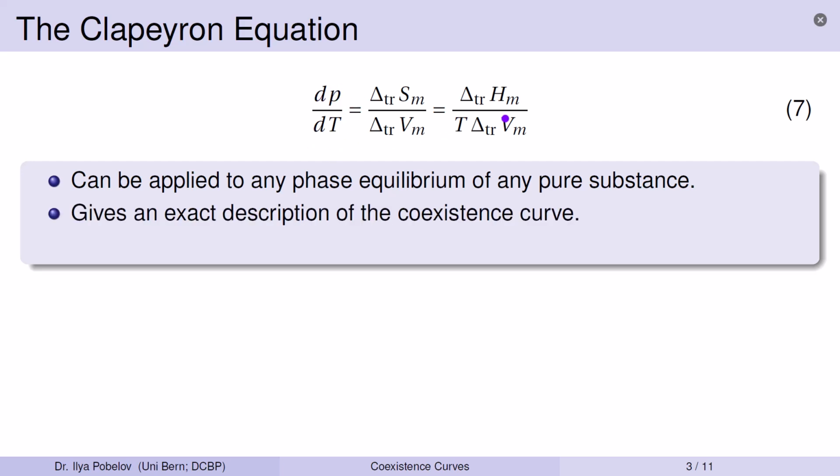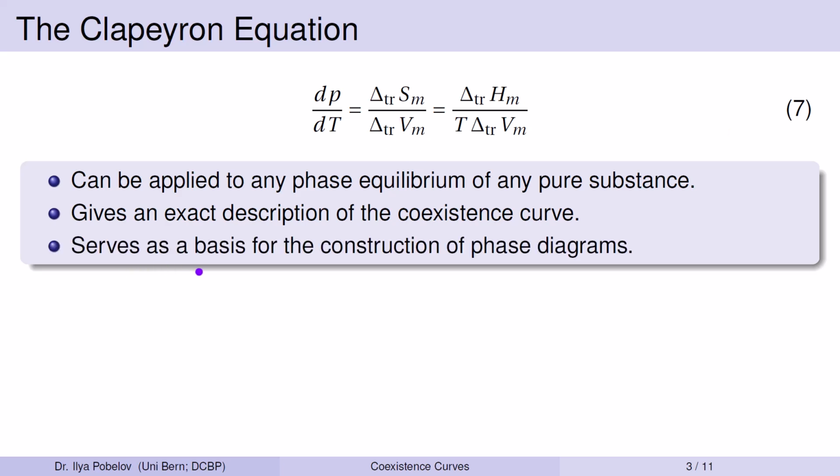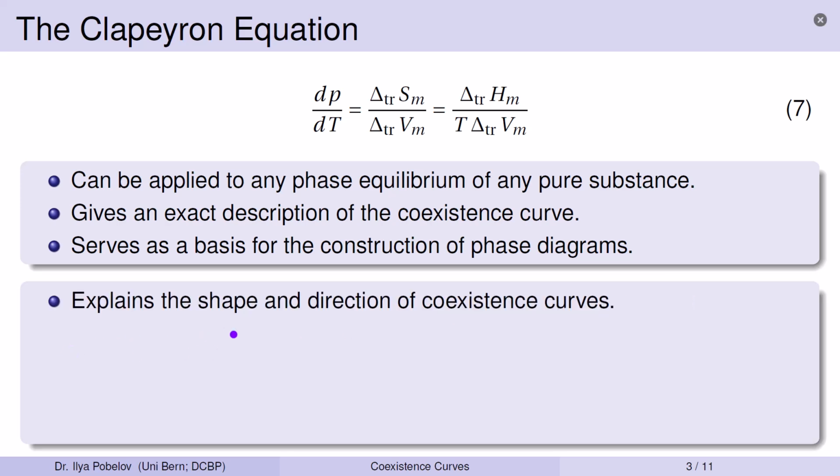It gives an exact description of how the coexistence curve behaves at any specific point and serves as a basis for the construction of phase diagrams. On the other hand, the Clapeyron equation also explains the shape and direction of coexistence curves on a phase diagram.